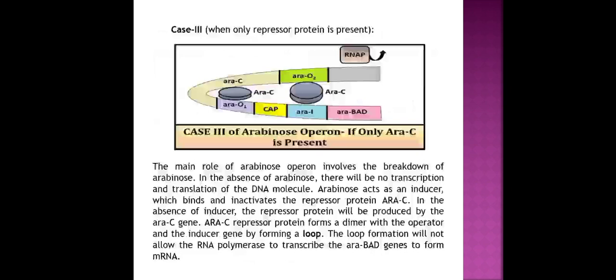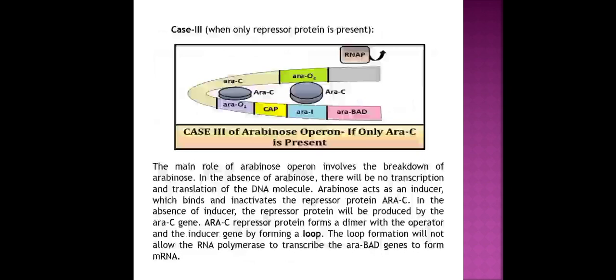The repressor protein will be produced by the araC gene, and this araC repressor protein forms a dimer. Here within this diagram we can observe the loop formation due to the presence of this dimer of the araC protein with the operator and the inducer gene by forming a loop. Means here both O2 and O1 get blocked, majorly due to the araC protein.